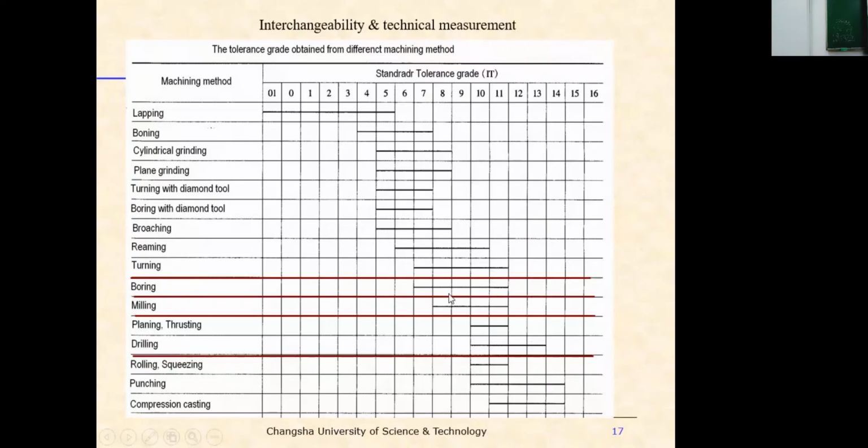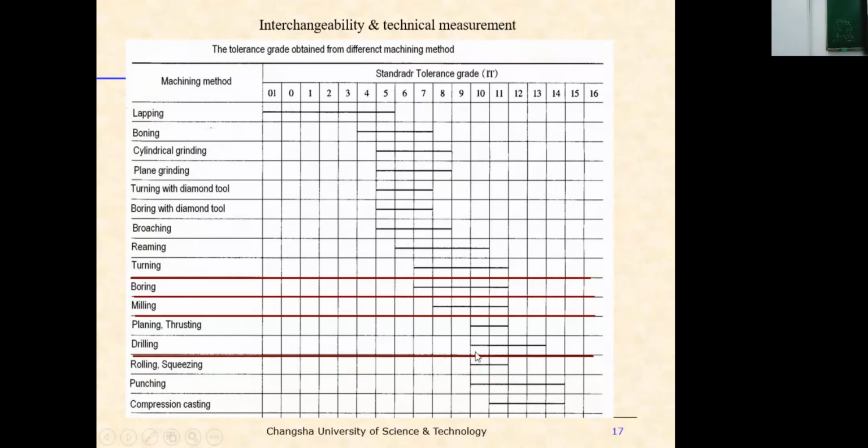Usually when we use the turning or boring method, the precision is IT7 to IT11. Milling is the same. Planing and shaping is IT10 to IT11, and drilling is also. But for grinding, it's higher, IT5 to IT8, right?